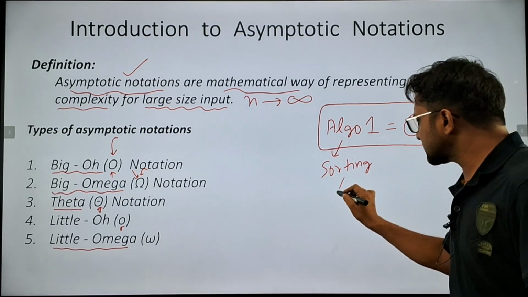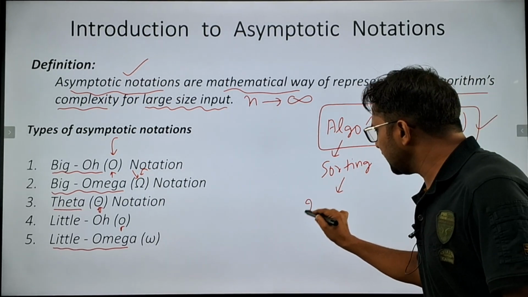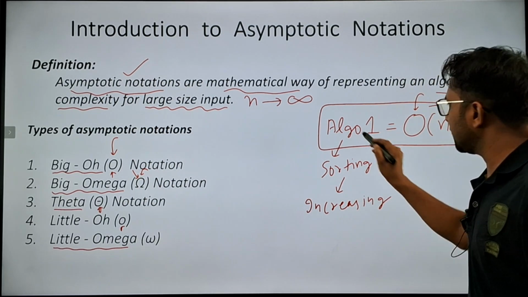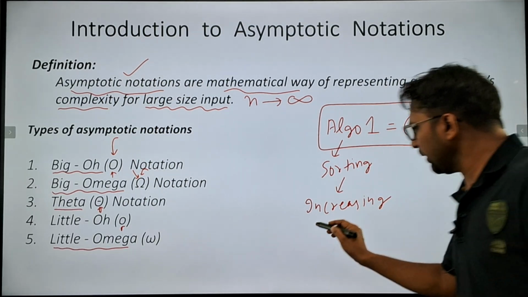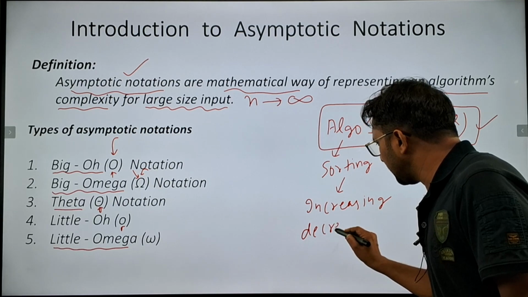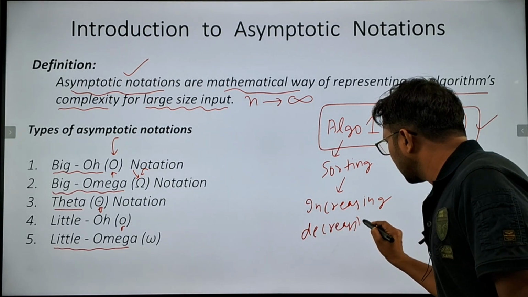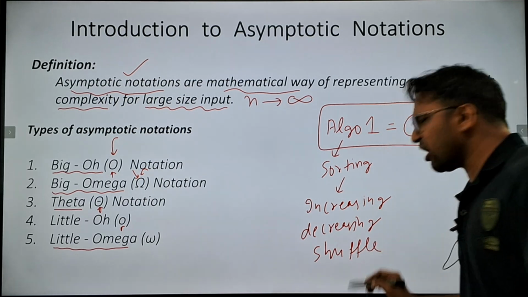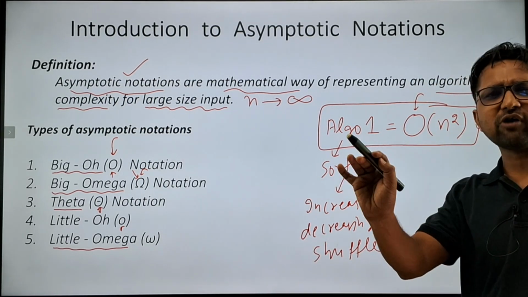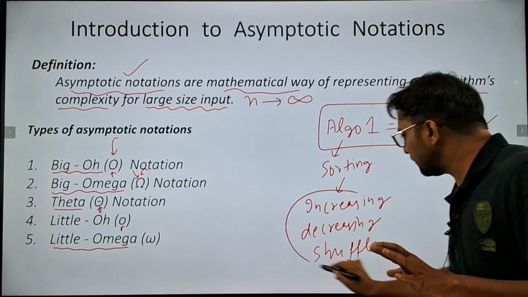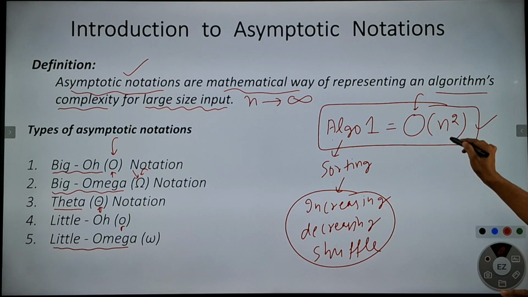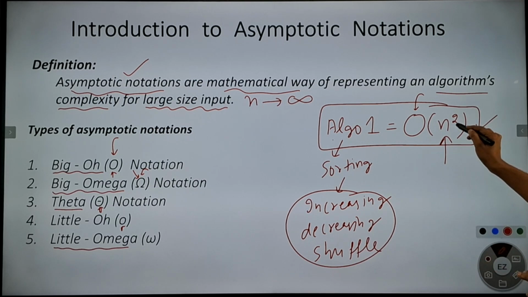He is saying, give the numbers in increasing order as an input, maybe in decreasing order, or maybe shuffle them whatever way you want. Give any type of input to my algorithm. My algorithm will not take more than n square time. It will take n square time at maximum.